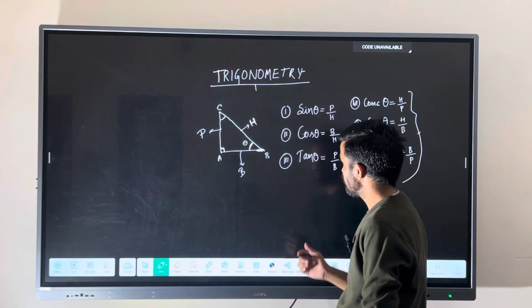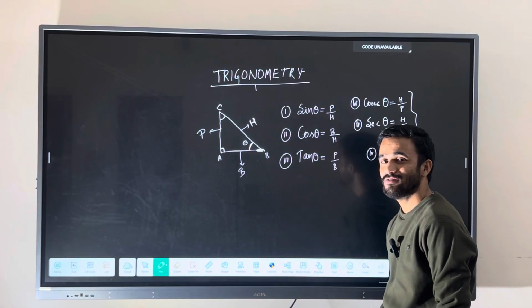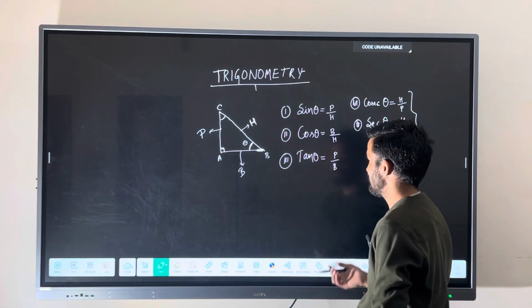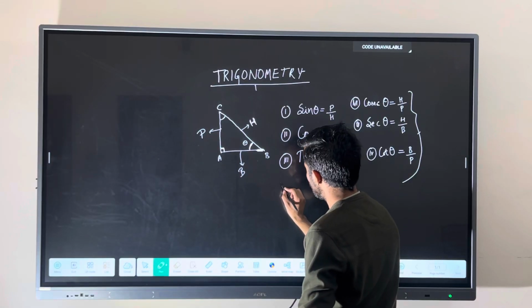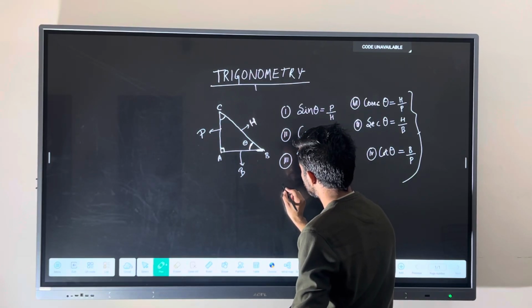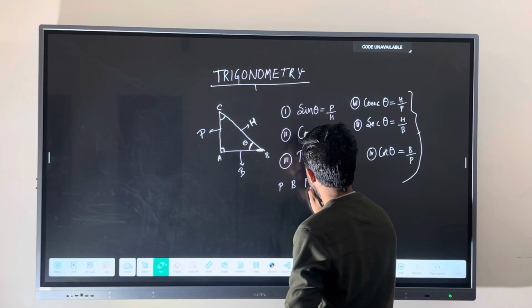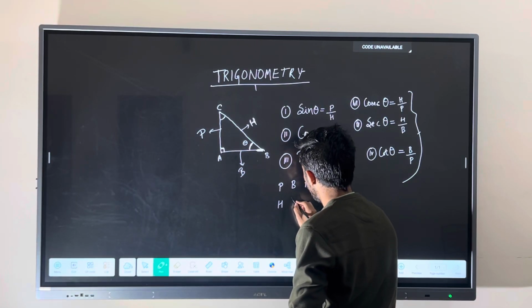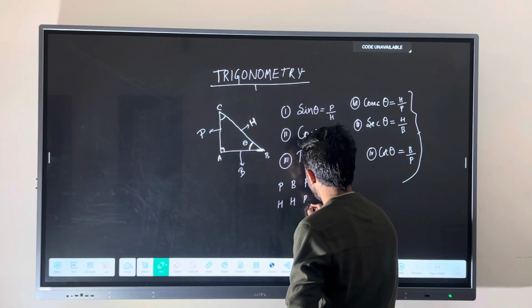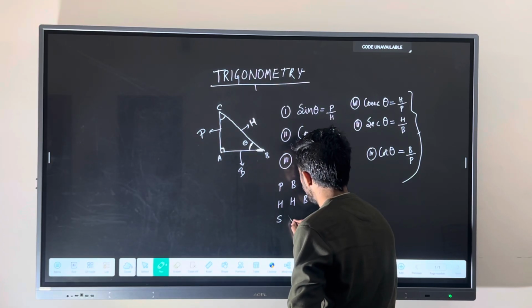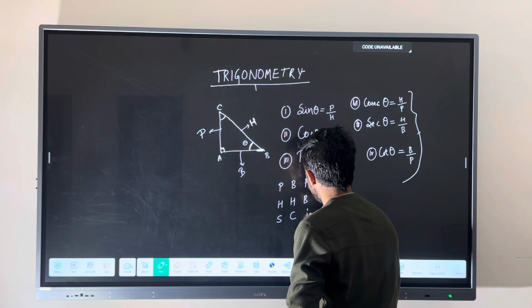There is a small trick to remember these. When I was in school, my teacher told me: Pandit Badri Prasad, har har bole, sona chandi tole.